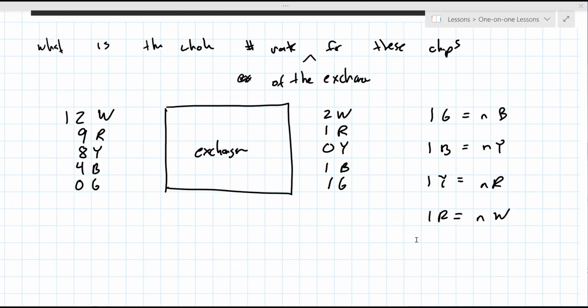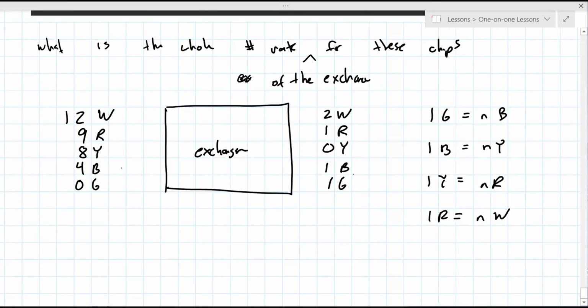One of the things that doesn't make any sense here is that all the ones on the left are bigger. So 12 white to 2 white, 9 to 1, 8 to 0, 4 to 1, 0 to 1. The green must be huge. The green must be worth something big, I guess.